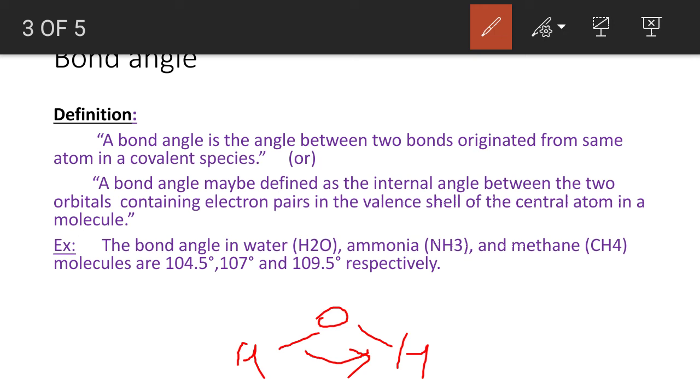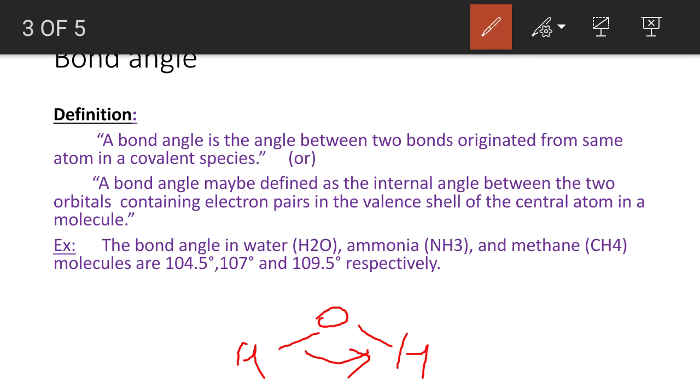The bond angle is the angle between two bonds originating from the same atom in a covalent species. In other words, the bond angle may be defined as the internal angle between two orbitals containing electron pairs in the valence shell of the central atom in a molecule.